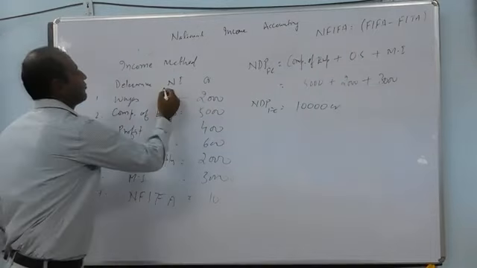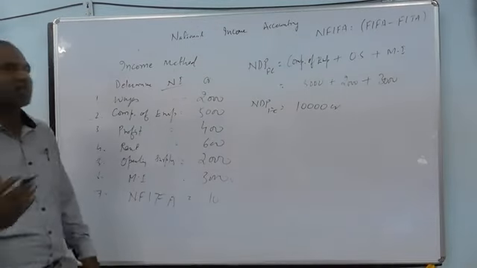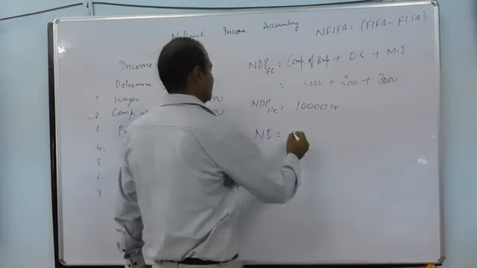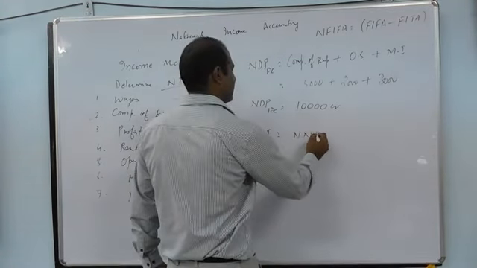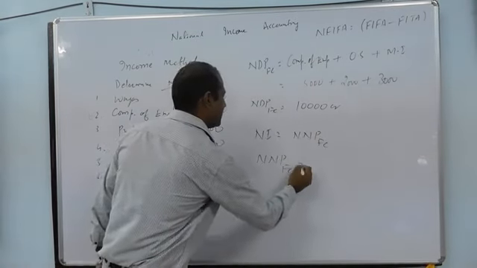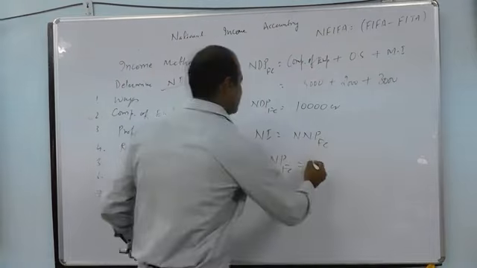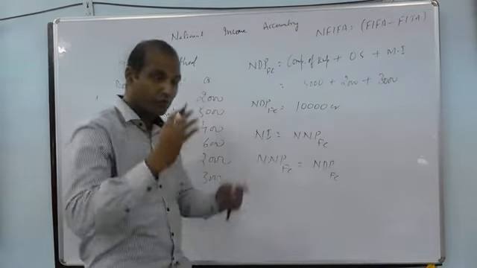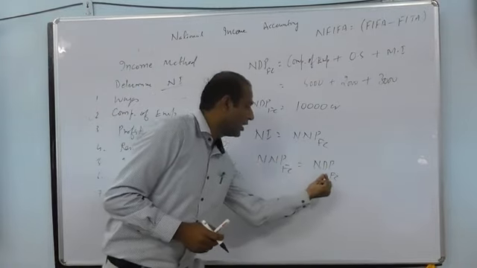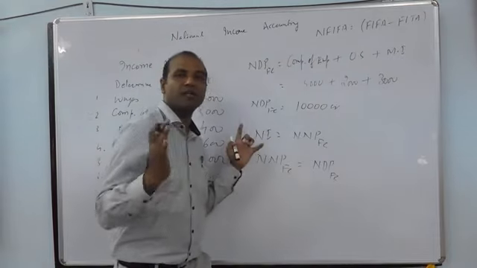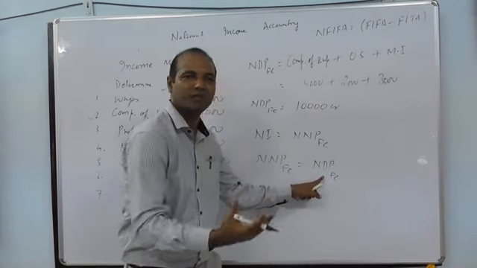But what we have been asked to determine is national income. So national income is equal to NNPFC. So NNPFC we have to determine. NDPFC is given. Now remember, domestic को national में convert करना है. क्या करना पड़ेगा? National is the broader concept, domestic is the smaller concept.